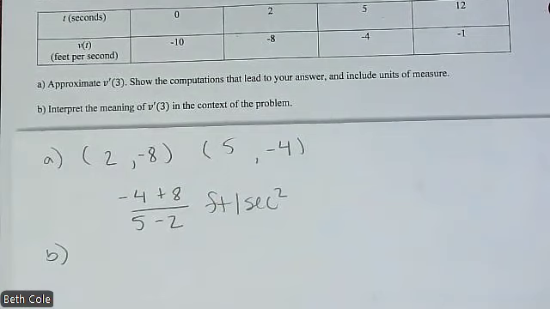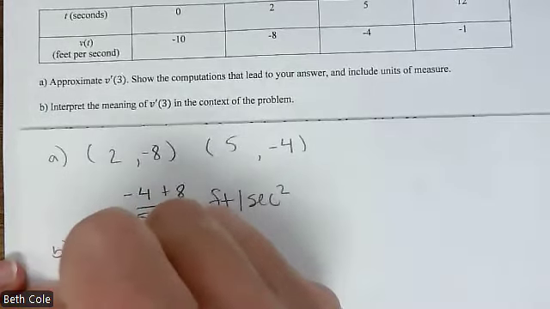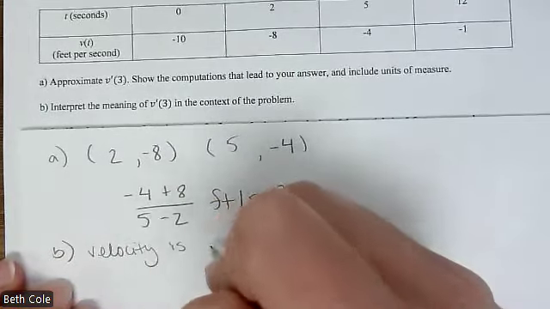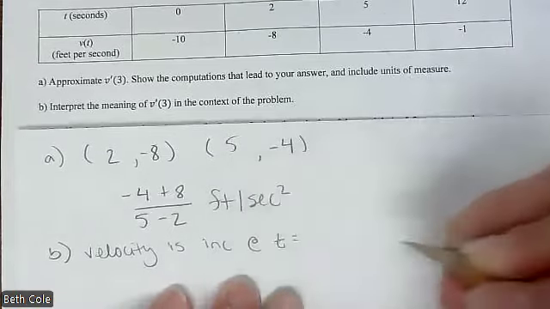Interpret the meaning of that in the context of the problem. You have 2 choices. Either the velocity is increasing or the velocity is decreasing. Now, I am going to think through whether this is positive or negative. So what would this be? 4 over 3, which is good. So we're going to say velocity is increasing at time what?